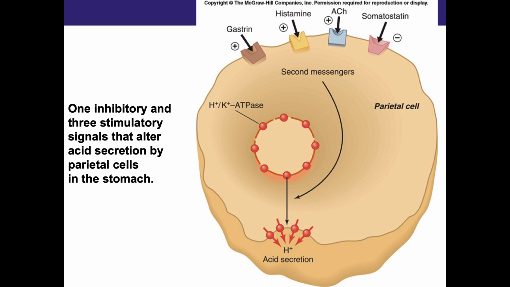So somatostatin in this case is also inhibiting acid secretion from the parietal cells, whereas gastrin, that's a hormone. Histamine is a paracrine signaling molecule. Basically, this is coming from nearby cells, not from the blood. And acetylcholine, which is a neurotransmitter. All three of these ramp up acid secretion.